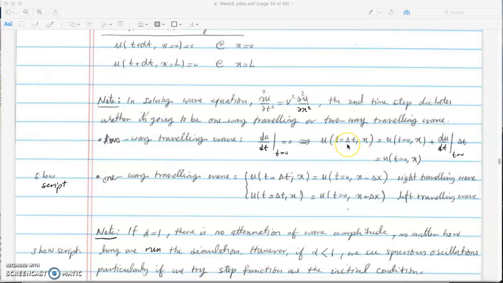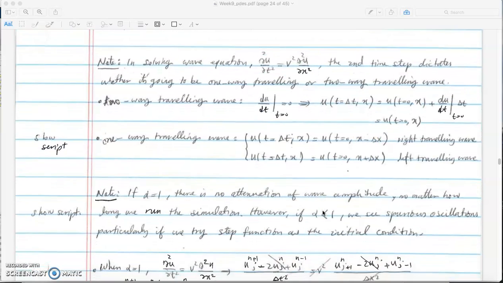So now we're going to have two waves. But if the information at time delta t and point x is coming from the previous time step and the point on the left of this, then this is going to be a right traveling wave. If you put the displacement at point x and time delta t as coming from the x on the right side of this point, then that's going to be the left traveling wave. So you're going to see what this means exactly when I show you the MATLAB script.